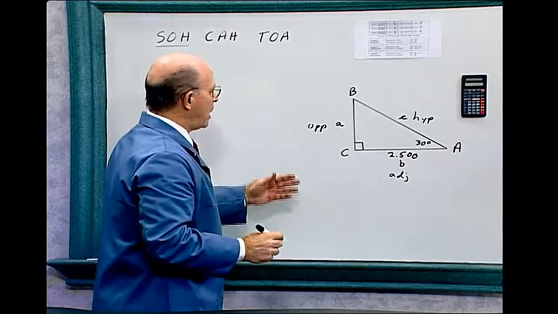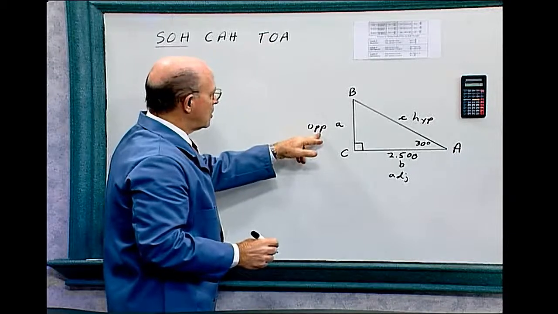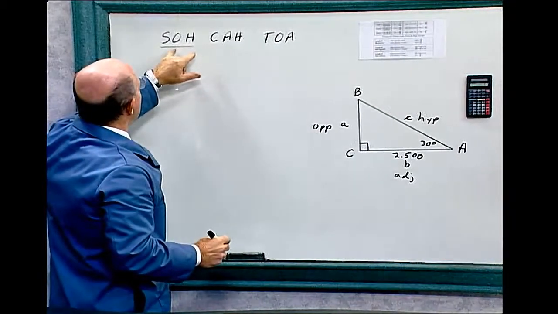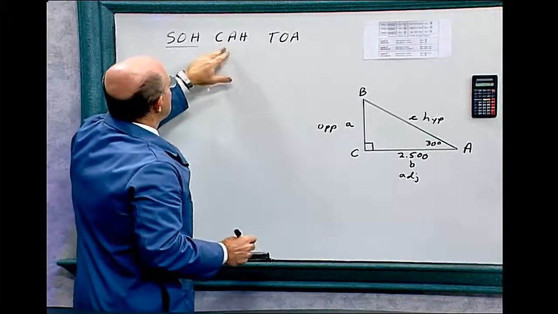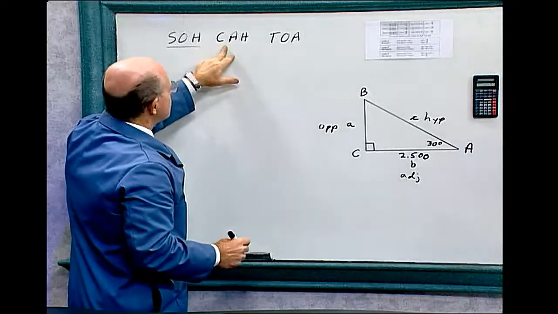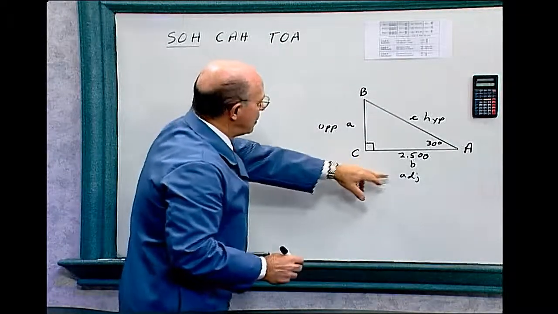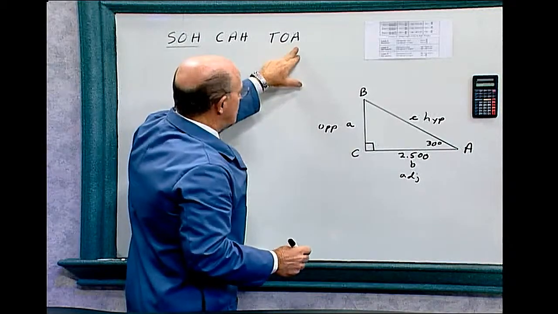Let's find first of all the opposite. We're going to have to look at two formulas here, either SOH or TOA. We cannot use this one because it doesn't have the opposite in there. We have the adjacent, so this is the only formula that has opposite and adjacent.